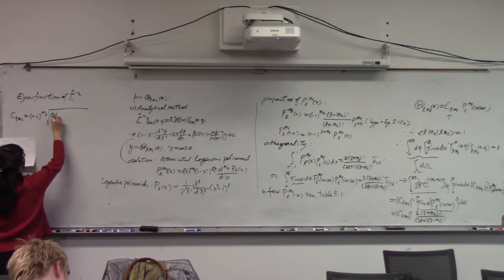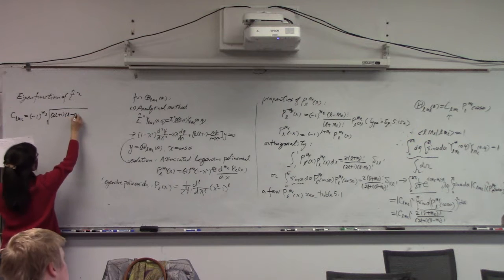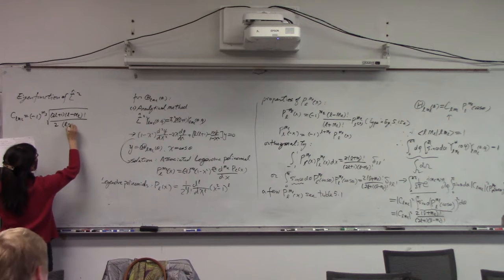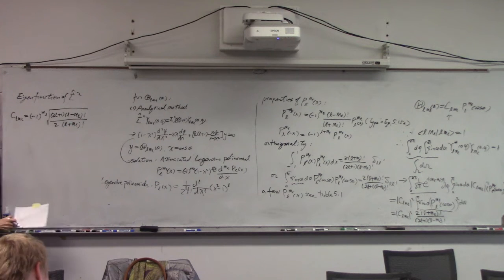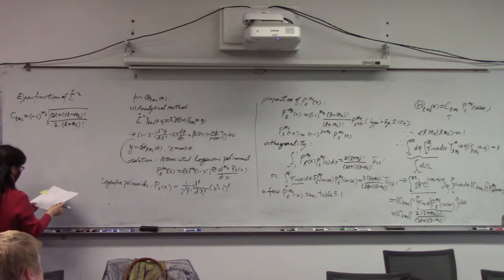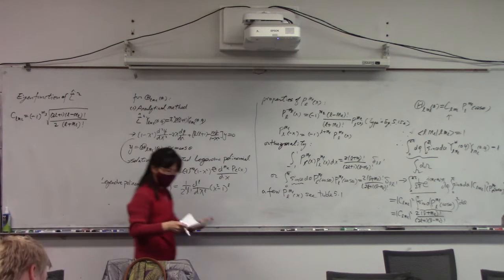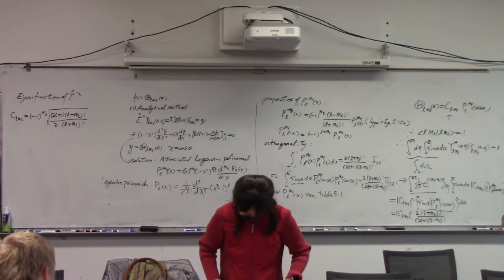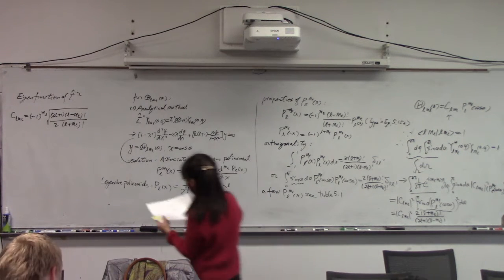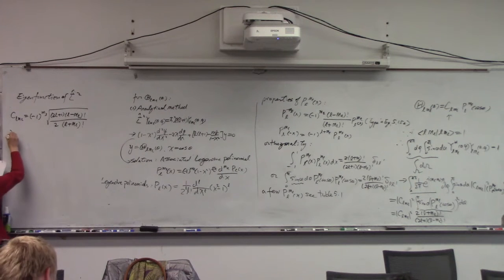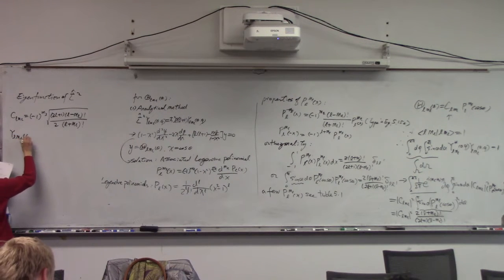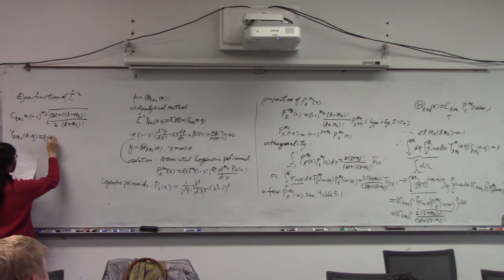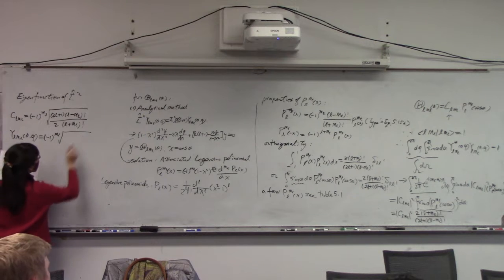Square root of (2l plus 1) and (l minus m_l) factorial, that's factor 2, and (l plus m_l) factorial. Okay, so we obtain this eigenstates of L squared. Now let's write down the final.